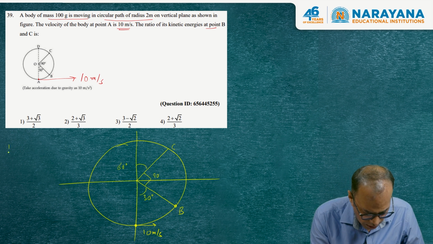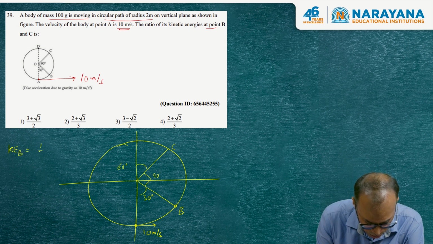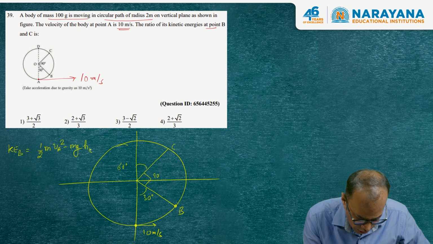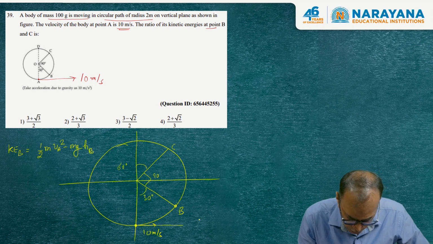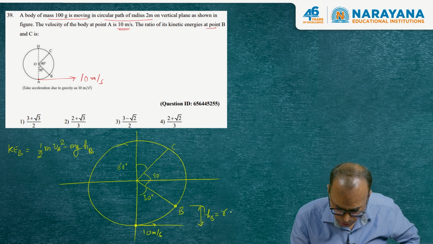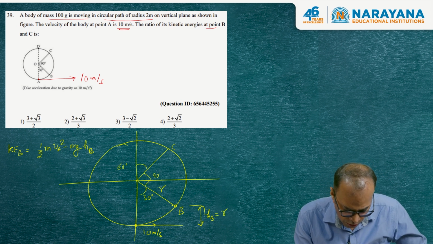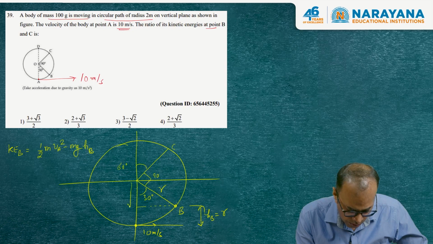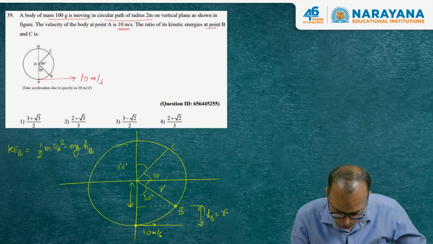Now the kinetic energy at B must be equal to half m velocity at A squared minus mg hb, where hb is this height, and this must be r minus r cos 30 degree.